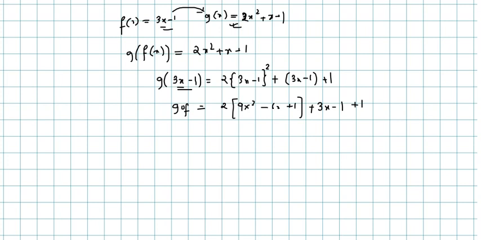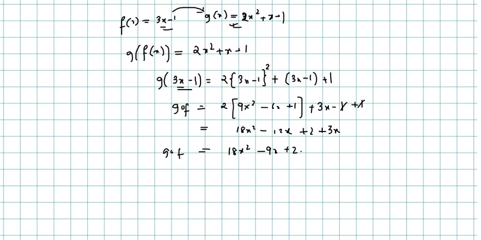Okay, so these things get cancelled. We get 18x square minus 12x plus 2 plus 3x. So in this case I am getting 18x square, and minus 12 plus 3 gives minus 9x plus 2. So this is our g of f of x. Clear? This is how we can find out the gof or fog.